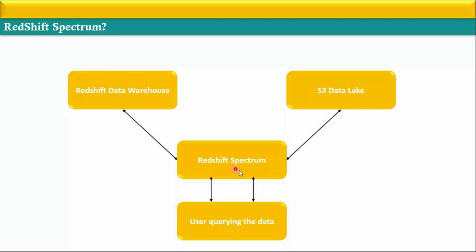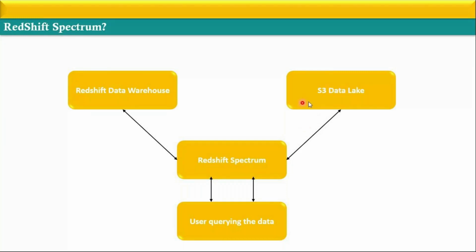So what you can do is leverage Amazon Redshift, and without moving the data from S3 to Redshift, you will be able to use Amazon Redshift to query the data on S3 only.